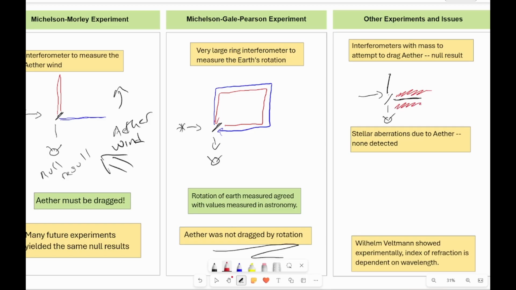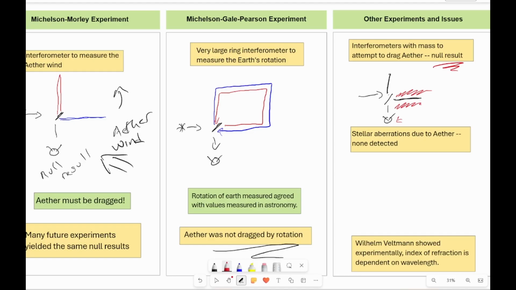The hope there was that by adding a whole bunch of mass along one leg, you would create an Aether dragging kind of effect, and that would change the interference fringes or create a phase shift. And basically that was also a null result.